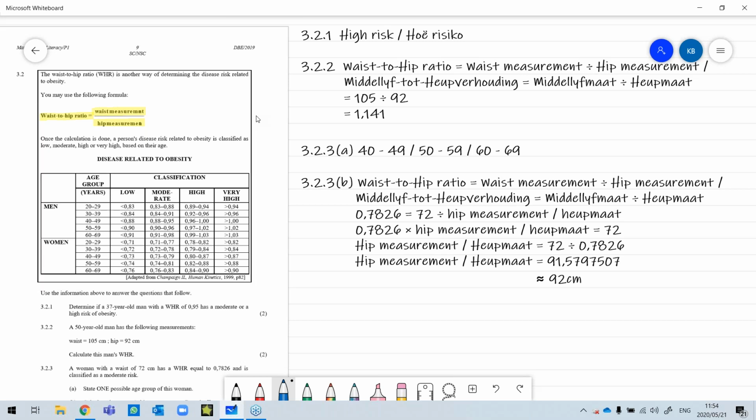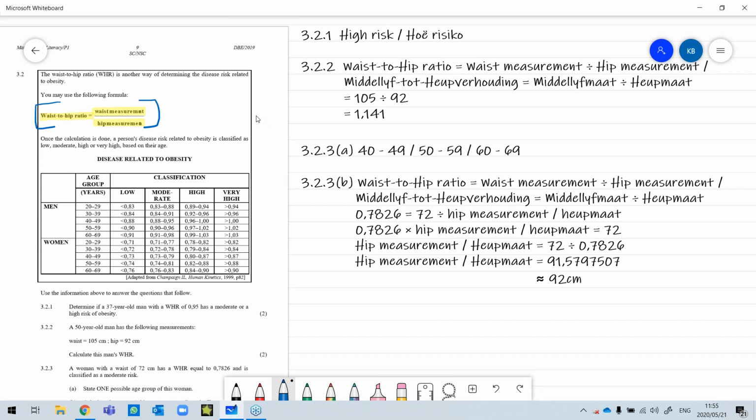So the waist to hip ratio, or the abbreviation WHR, is another way of determining the disease risk related to obesity. You may use the following formula. Once again, over here, the waist to hip ratio, or middellyf tot heup verhouding in Afrikaans. The formula is given as the waist measurement divided by the hip measurement.